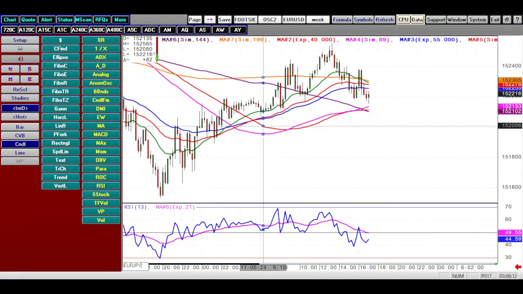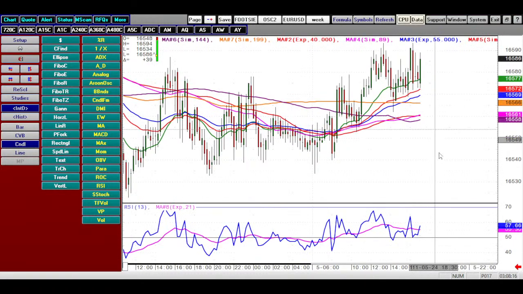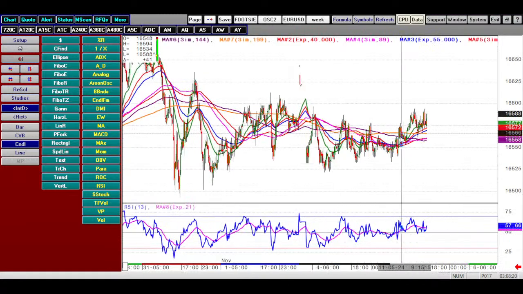Then euro yen. Euro yen looks a bit choppy, and this trade doesn't look that nice. In fact, I think we have to let go of this trade because the euro strength is coming into play.